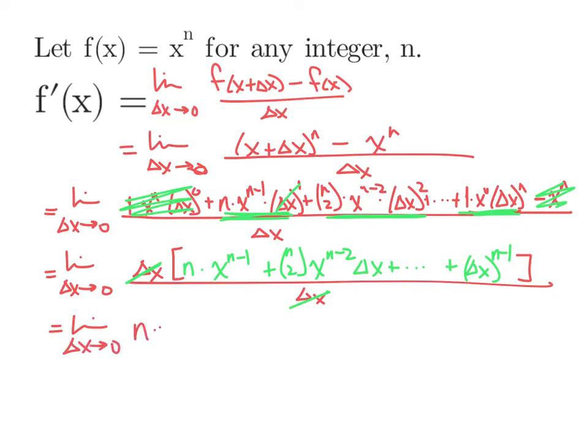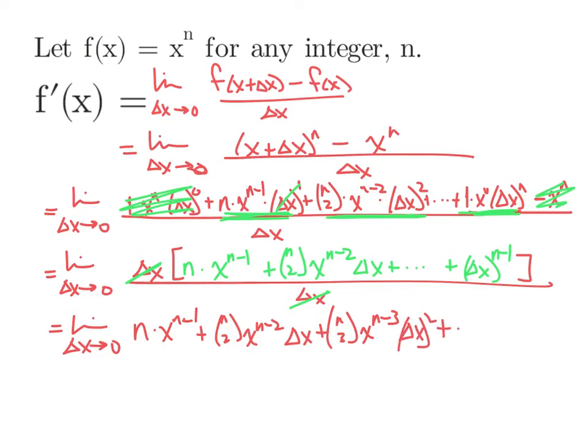We'll have n times x to the n minus 1, n choose 2, x to the n minus 2, delta x. The next term would actually be n choose 3, x to the n minus 3, and then delta x squared.